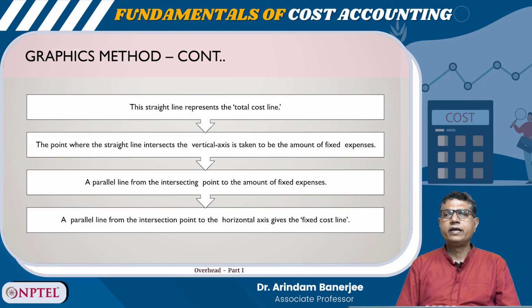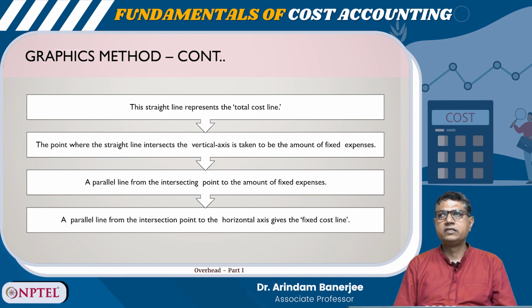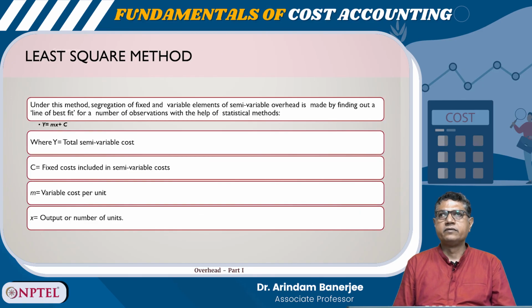The point where the straight line intersects the vertical axis is taken to be the amount of fixed expenses. A parallel line from the intersection point to the horizontal axis gives the fixed cost line.